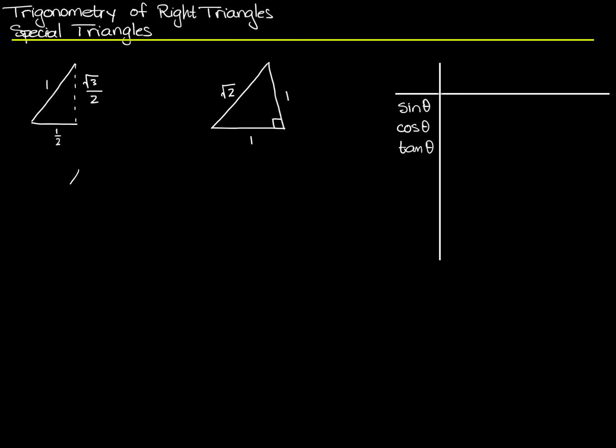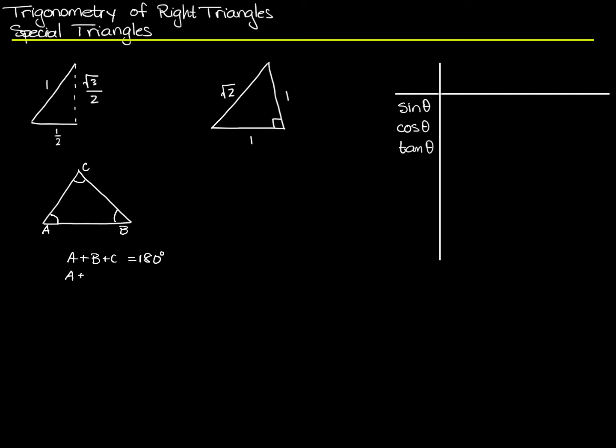Now the other thing to notice about an equilateral triangle is that all three angles are also the same. So since triangles have angles that add up to 180 degrees, we have A plus B plus C is 180 degrees, but A, B, and C are all the same.